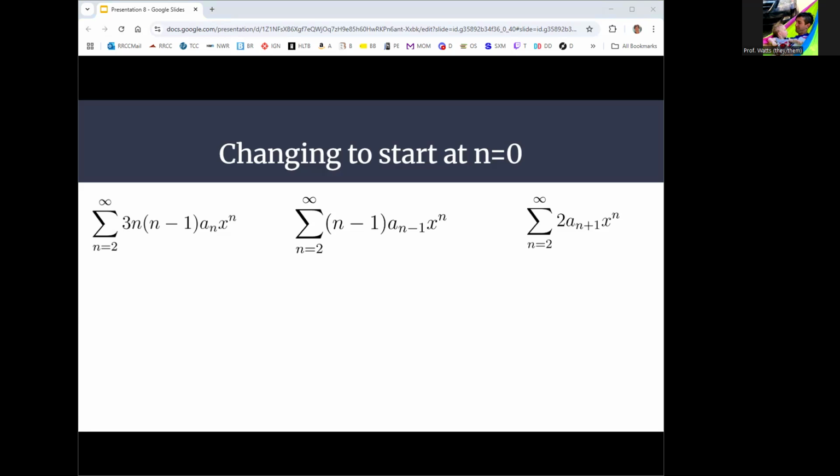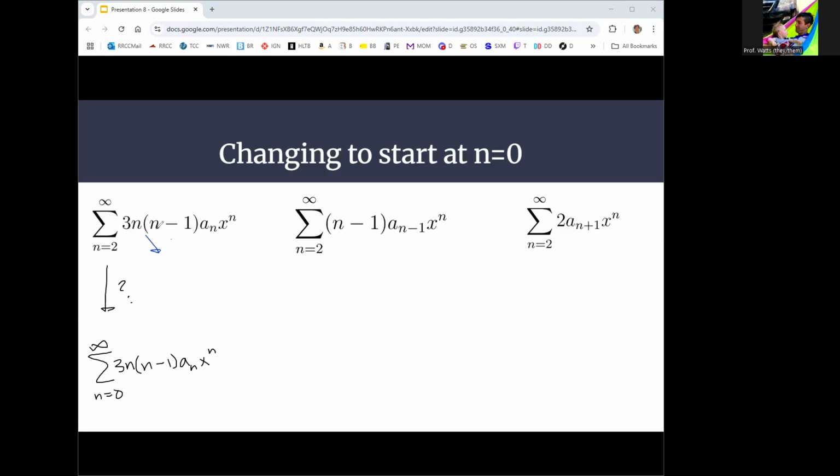Let's see if we can change it to start at 0 and not change anything else. So all I've done is change the starting index. And then you might ask, well, are those equal? So now we look at the expanded forms and confirm.